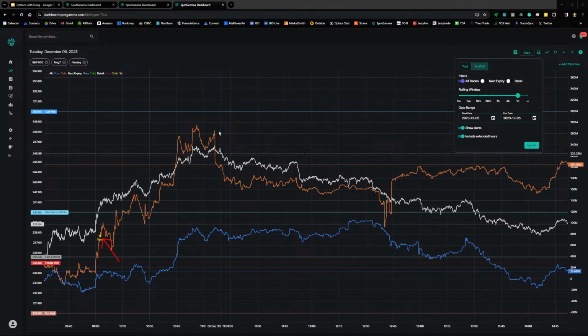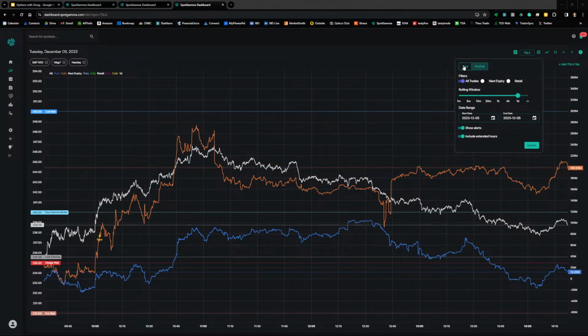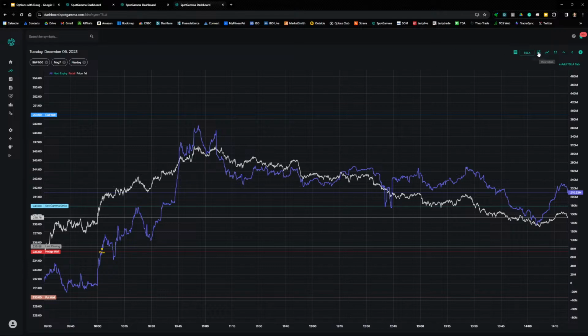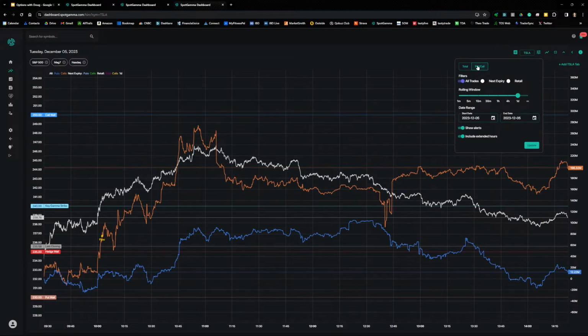And as the call buyers take their foot off the gas, price starts moving lower. Let's take a look at that one more time. So net for the day, traders are buying calls, much more aggressively. They are also net selling puts for the day, the notional value for puts and calls both positive.